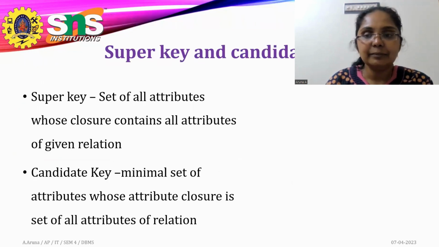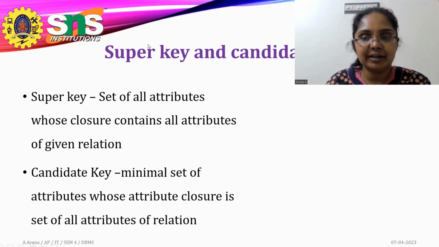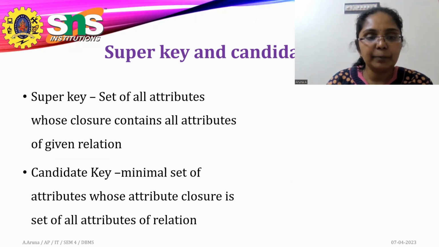Now let us see the super key and the candidate key. This is very important, because we calculate the closure set for identifying the super keys and candidate keys present in the given relation or given functional dependencies. A super key is a set of attributes whose closure contains all attributes of the given relation. A candidate key is very similar to a super key.